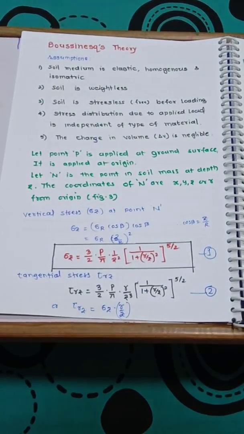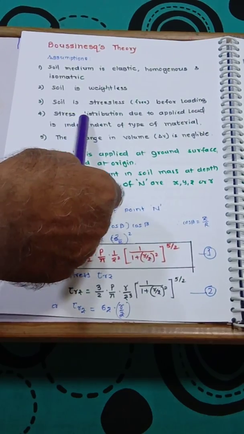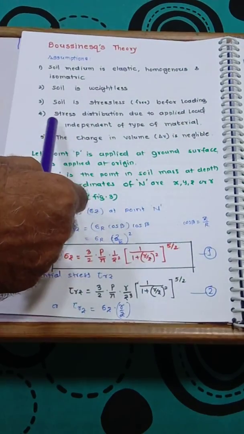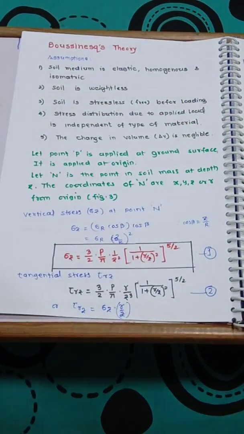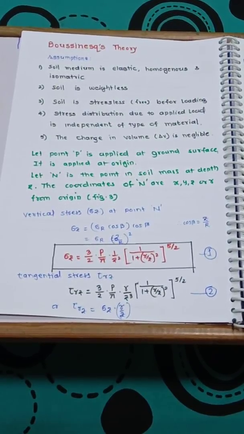Before we apply a load, there should not be any earlier, or initial, stress acting on the medium. Stress distribution due to the applied load is independent of the type of material. It may be sand, clay, sandy clay, or any other material, but the theory does not depend on the type of material.